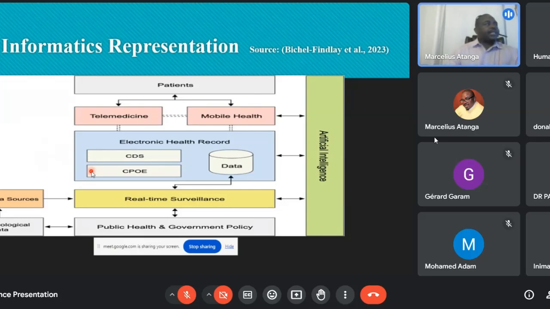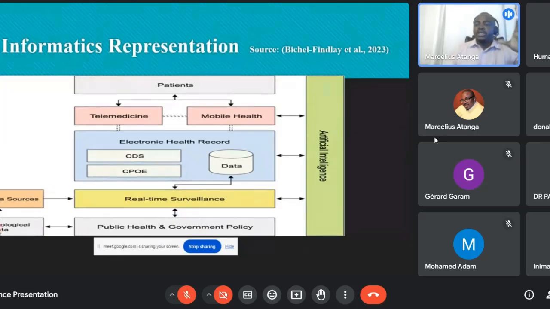With the emergence of medical informatics, there are different technologies that are helping us to collect this data. And when we collect this data, we can use it in different formats. So we have real-time surveillance, we have government policies being made using this data, well-informed data.